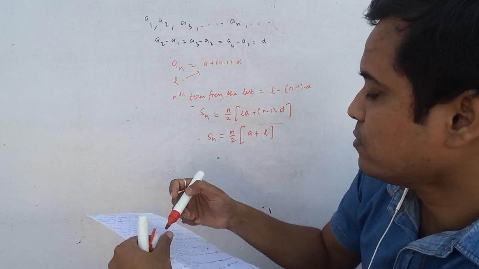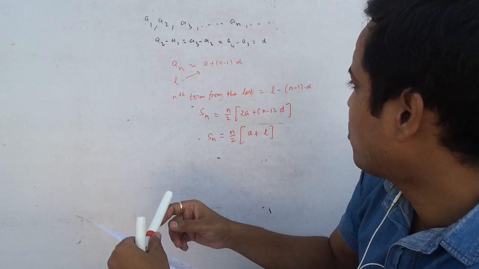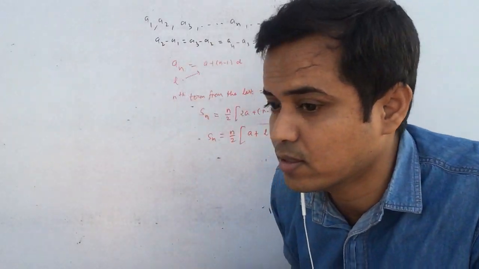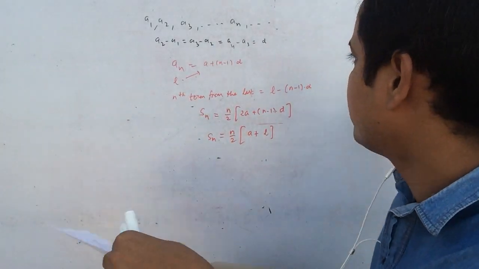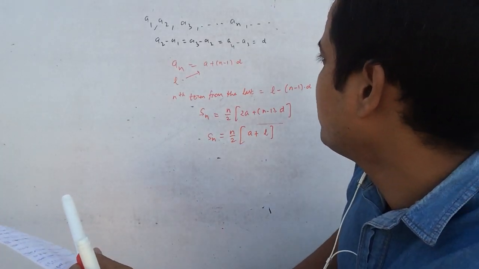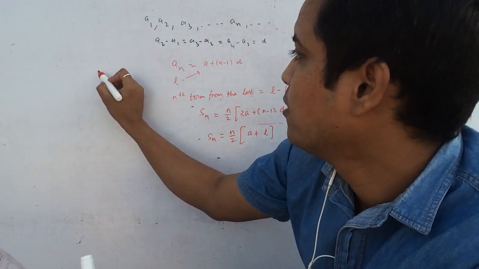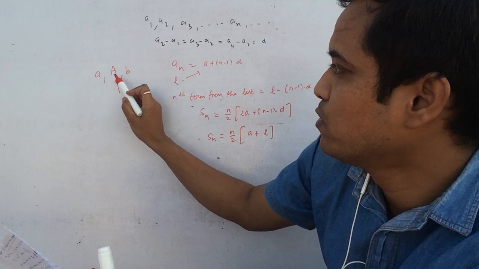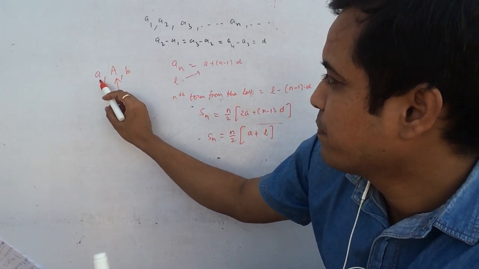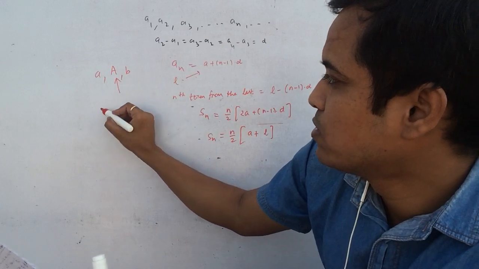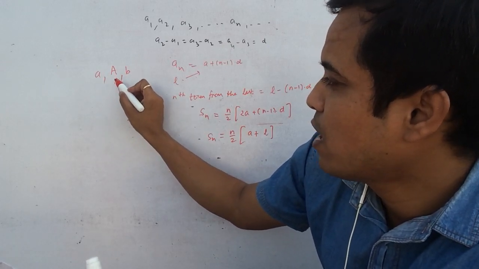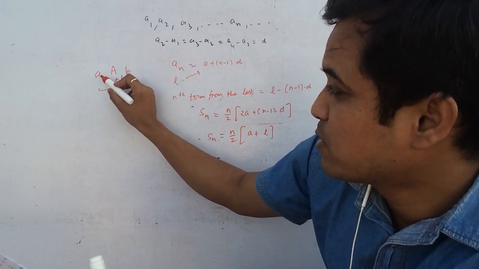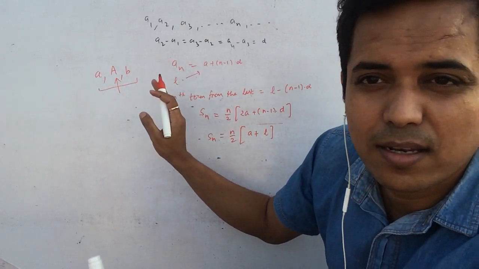All right. We have also talked about the arithmetic mean. If A is the arithmetic mean between two numbers a and b, then a, A and b should be in arithmetic progression.